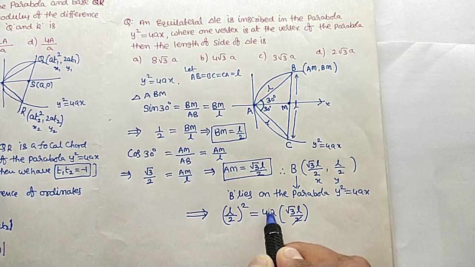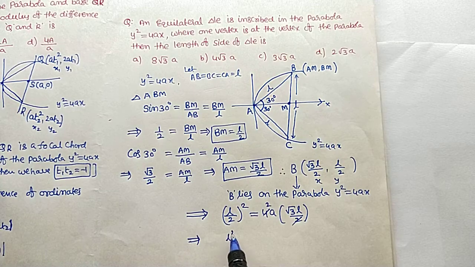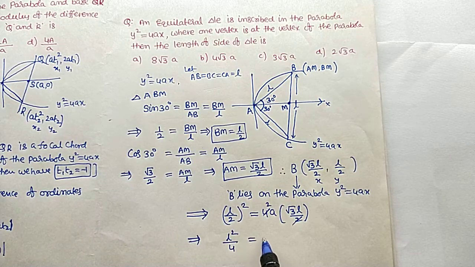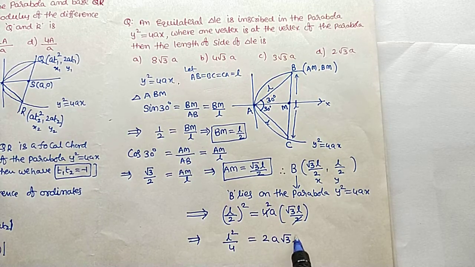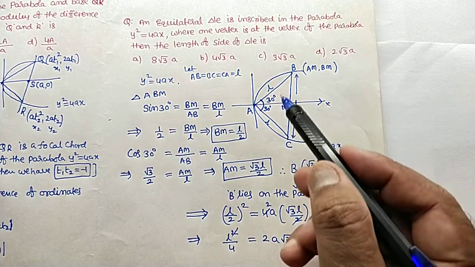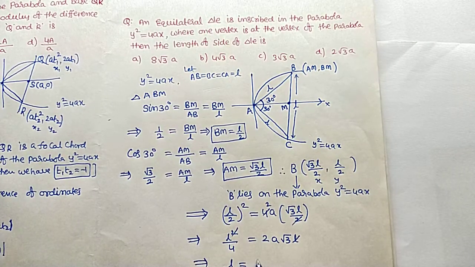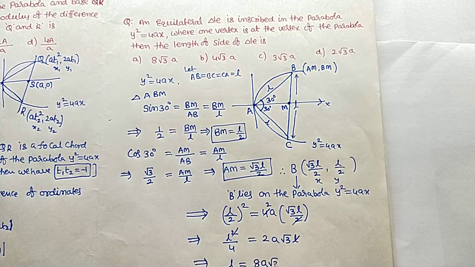So the 2s cancel. L square by 4 equals 2a into root 3L. One of the L cancels. We want the L value, the length of the side. So cross multiply: L is equal to 2a into root 3 into 4, that is 8a root 3.